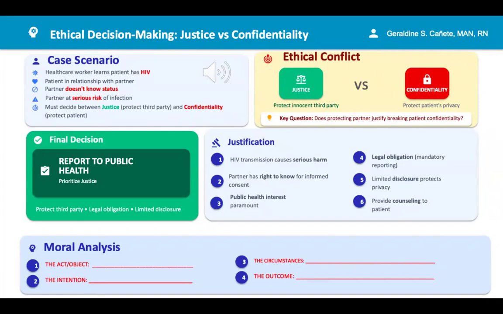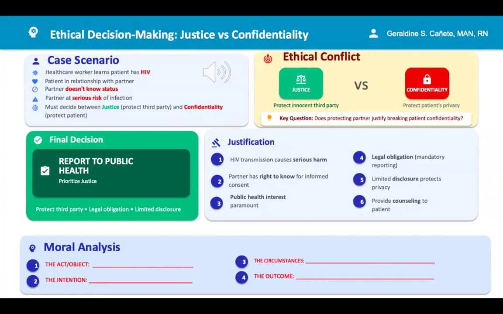Now it's your turn to challenge that perspective. Consider these questions. Are there any flaws in the reasoning? Are there any alternative ethical frameworks that would lead to a different conclusion?